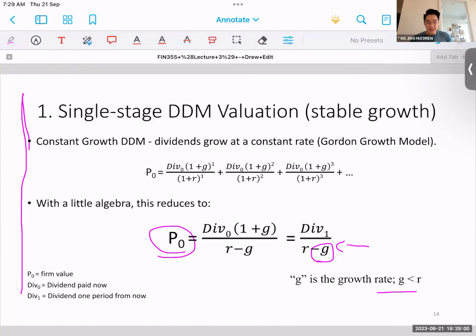I want to highlight that if you remember what we talked about in lecture 2, comparing the three methods, DDM, FCFE, FCFF versus RI, the difference is quite distinct. Remember, RI is based more on the balance sheet, where a lot of the value is placed on the book value, and you add the RI in.